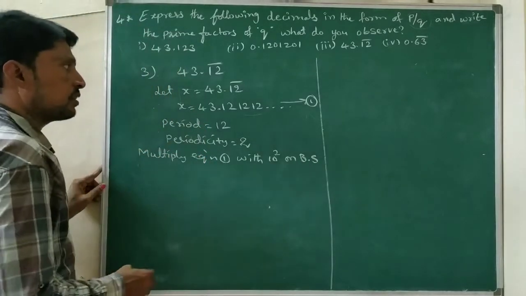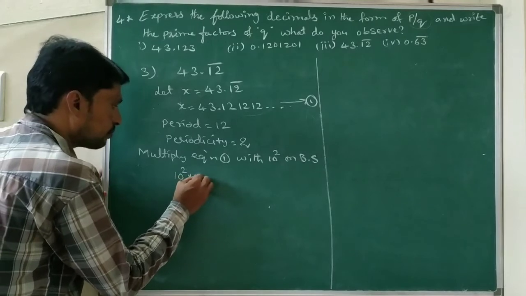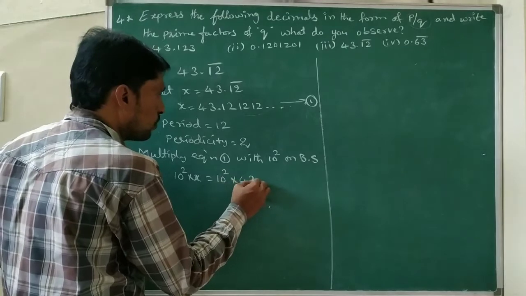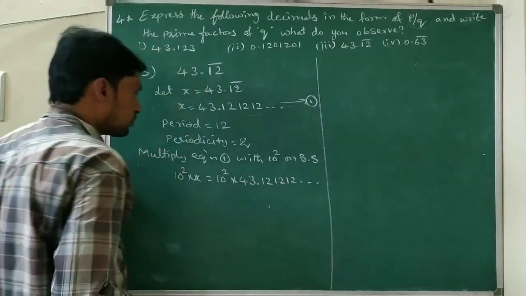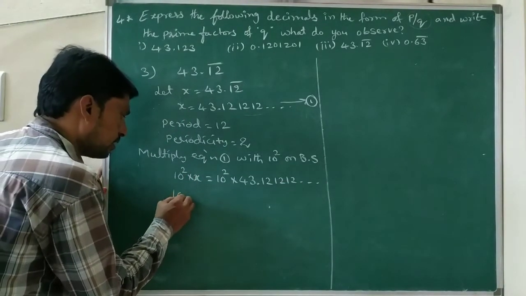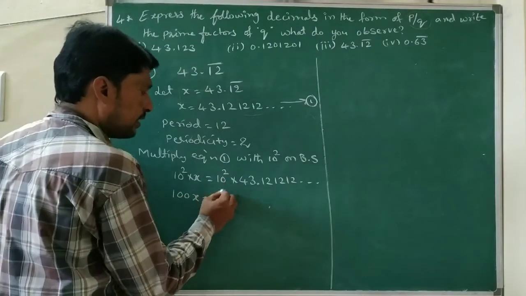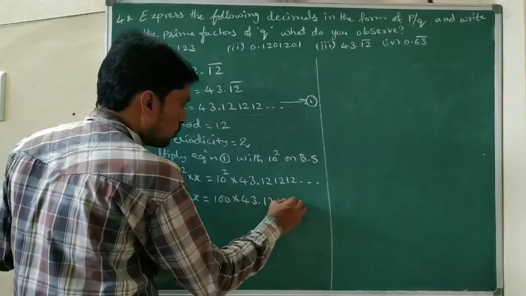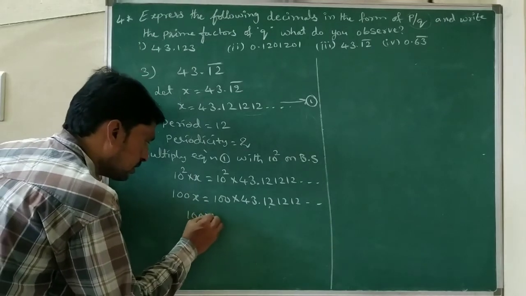So 10 square into x equals 10 square into 43.12 and so on. So 10 square means 100, 100 into x, 100x, equals 100 into 43.12 and so on.